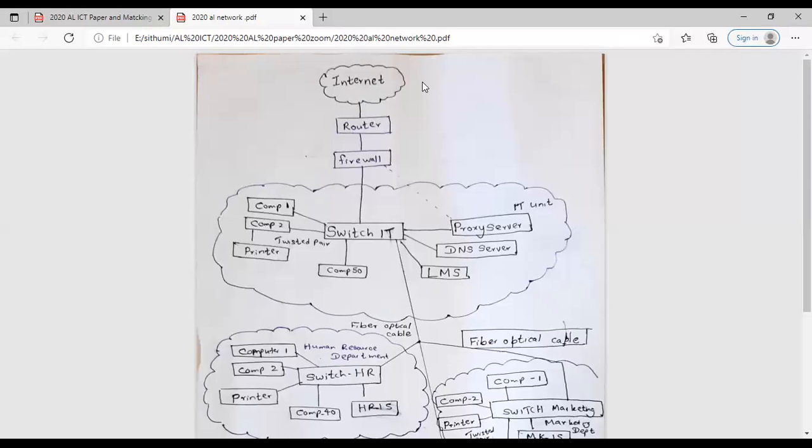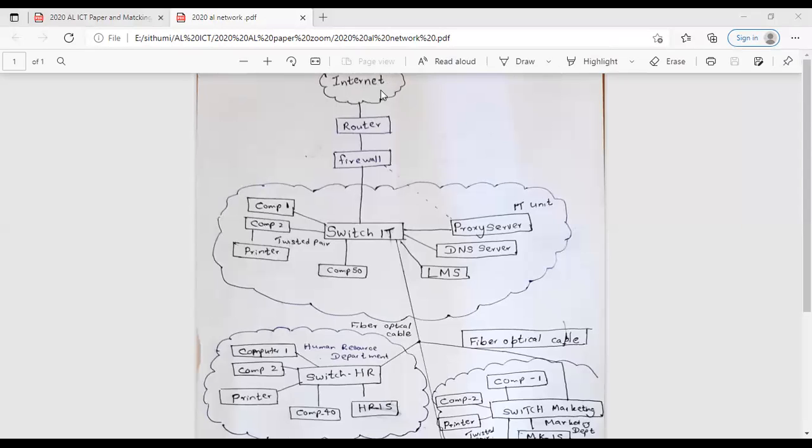At first, you draw the internet, like this symbol, and then it is connected to the router. I will explain line by line.